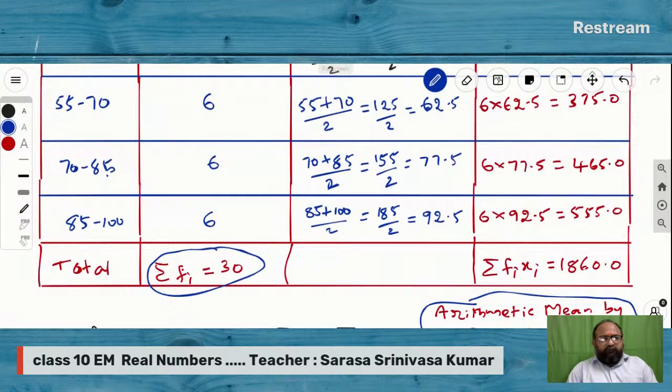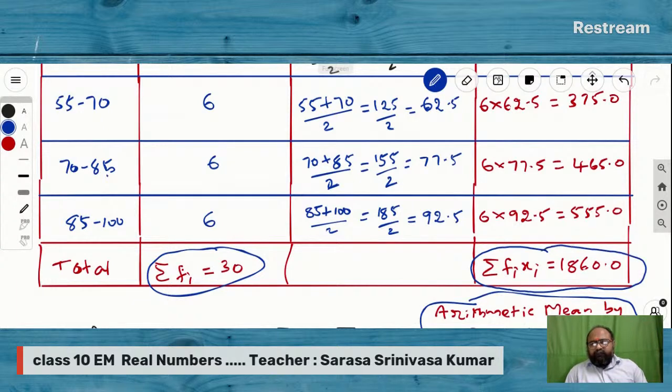The sum of all the observations here, sigma fi xi, it is 1860. So this gives us total marks obtained. Total marks is 1860 by all 30 students.